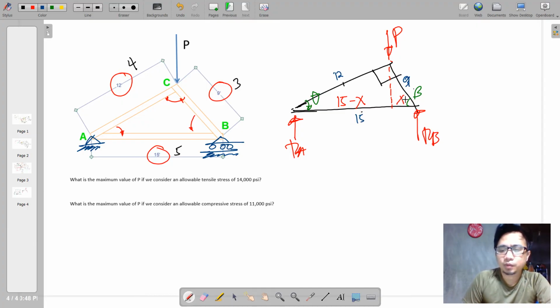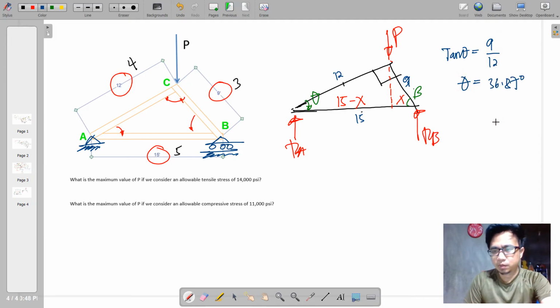So considering the whole right triangle and taking theta as our reference, we can simply write tangent theta, where opposite to theta is 9 and adjacent to theta is 12, so therefore theta is equal to 36.87 degrees.